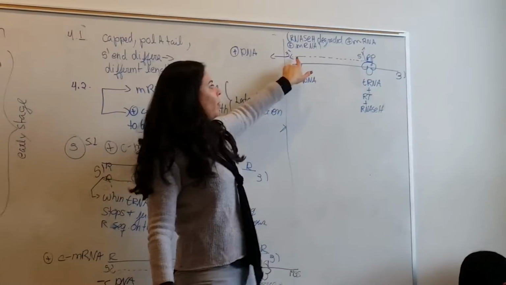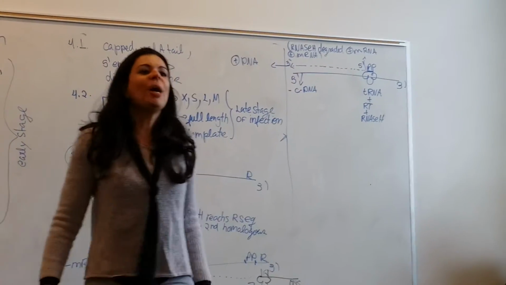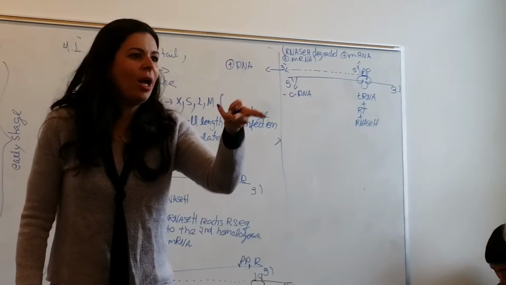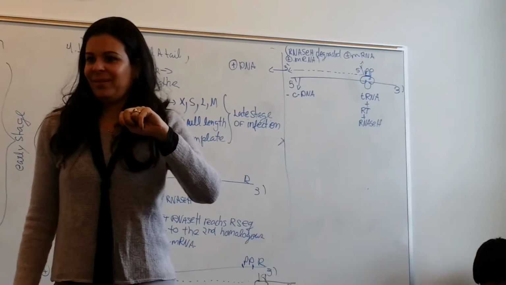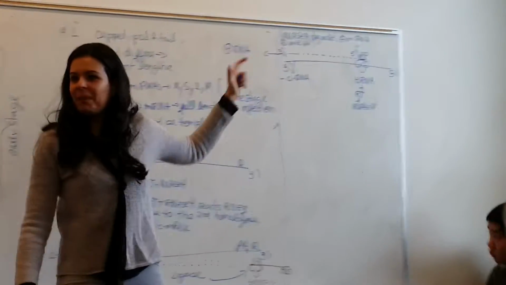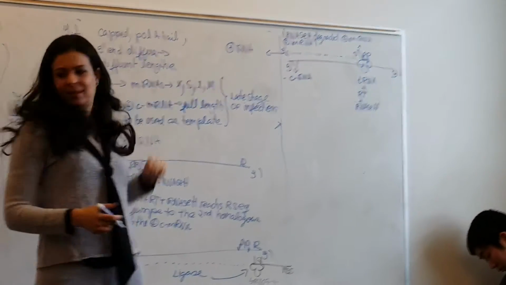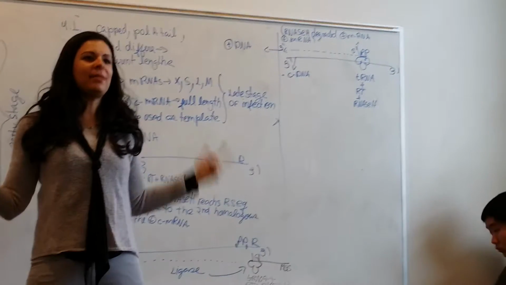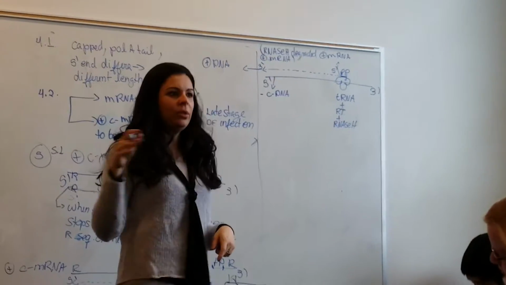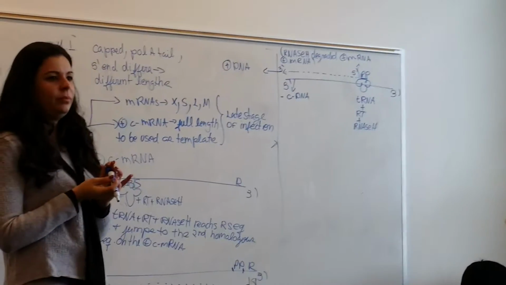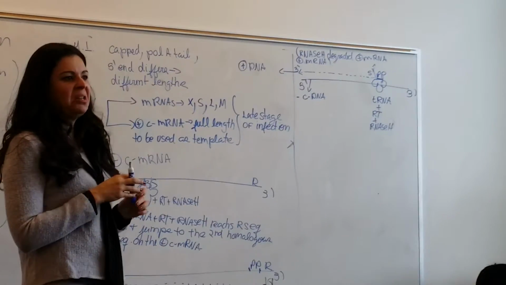But when it reaches the end, it doesn't jump again. It doesn't have the second jump like the retrovirus. Remember, the retrovirus reaches PBS and then it stops and jumps again? This doesn't. And that's why the thing ends up partially double-stranded. Is there an advantage to being partially double-stranded?